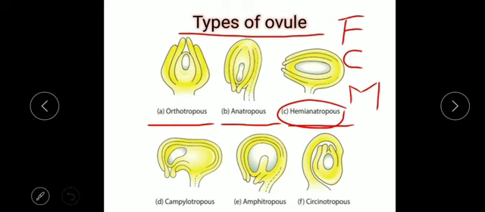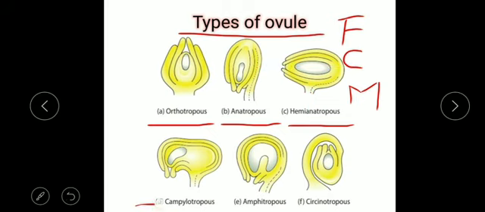Or one more hint: the funicle is in one position, and the micropyle and chalaza are perpendicular to the funicle, making a right angle, a 90-degree angle. This is how you can remember the hemitropous ovule.